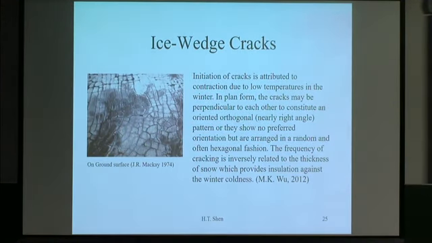Well, then I found something, people call it the ice wedge crack. This is a picture from the paper by McKay in '74. This is the pattern you will see on the ground surface. Okay, and this is the explanation I took from the book by Wu.